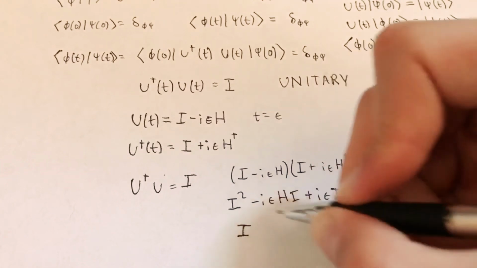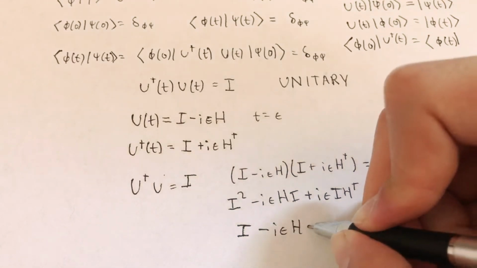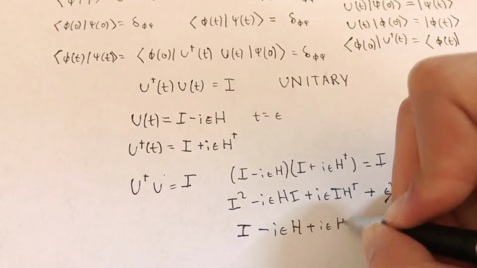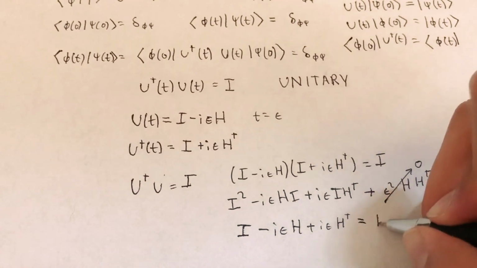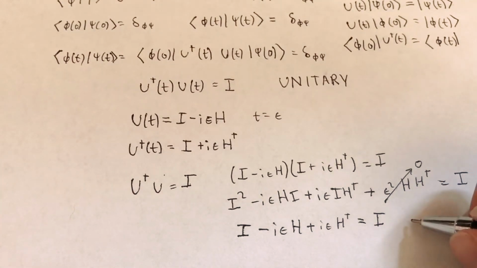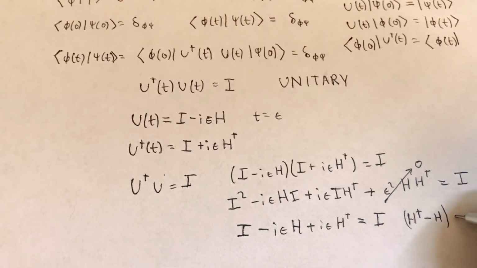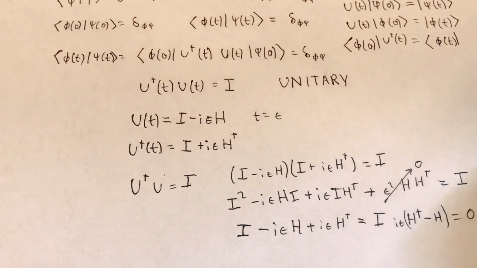In which case, I minus i epsilon H plus i epsilon H dagger equals I. From this, we can see that H dagger minus H multiplied by i epsilon is equal to 0, which means H dagger is equal to H.